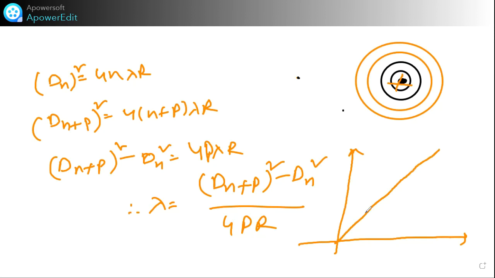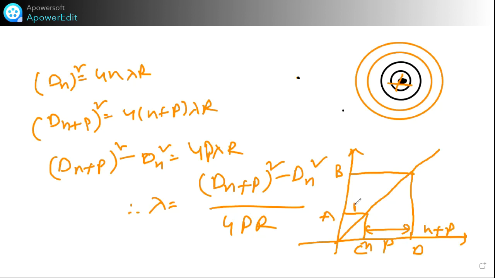Then we will take a certain number and the diameter square of this ring, like AC from this graph, and another number of the dark ring and the diameter square of the respective ring, indicated by D and B. If this is nth ring, then this is (n plus p)th ring, so the gap is p.